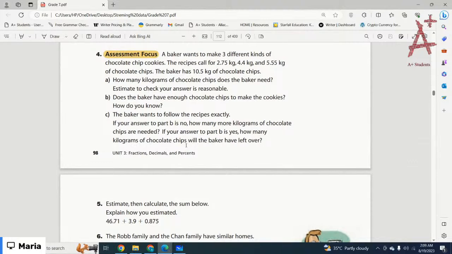Okay, let's start with part A. The recipe needs 2.75, 4.4 kg, and 5.55 kg.